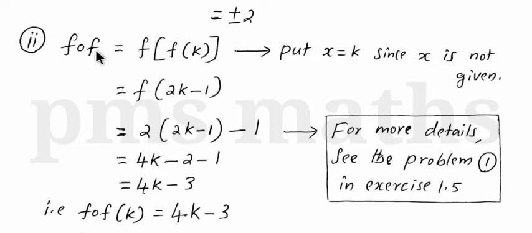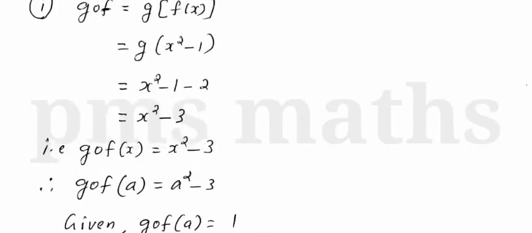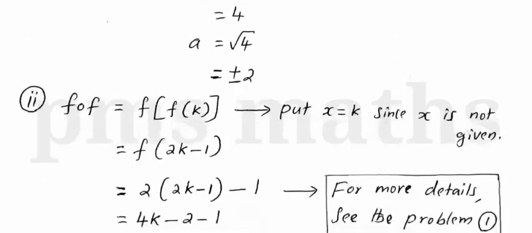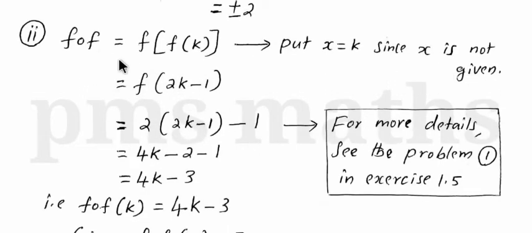Here f is nothing but f of x. But here put x is equal to k, since x is not given in second question. Therefore instead of f of x here we can write f of k.